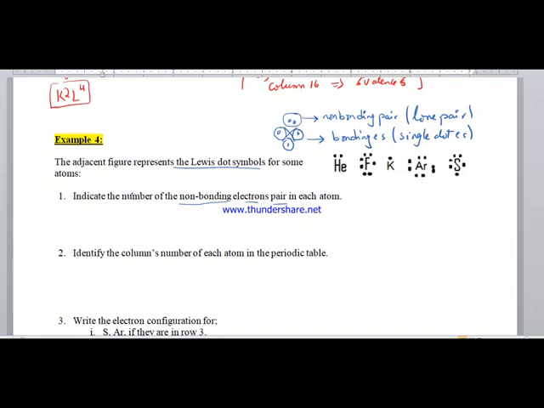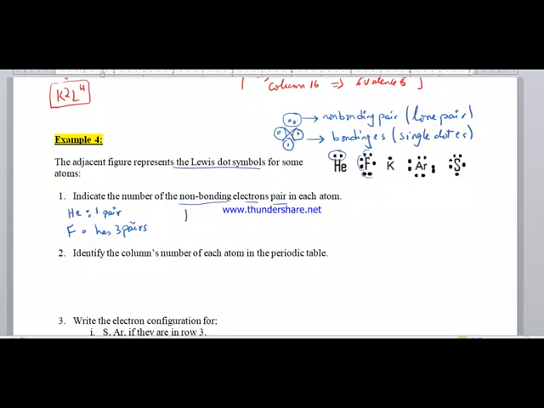Okay, so to find the non-bonding electrons: helium has only 1 pair. Fluorine, we have 1, 2, and 3, so fluorine has 3 pairs.